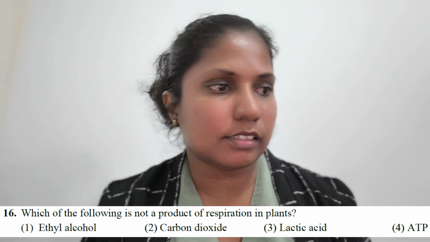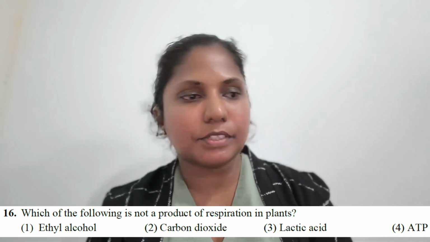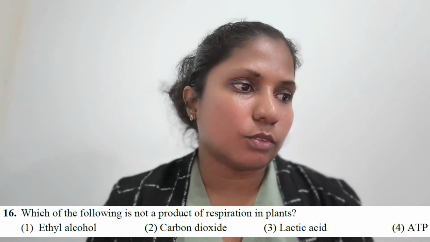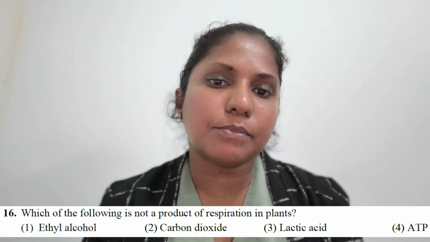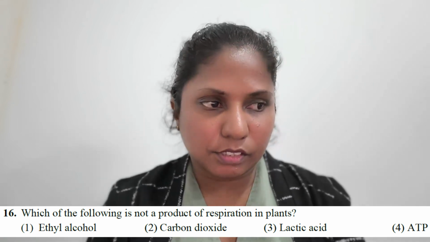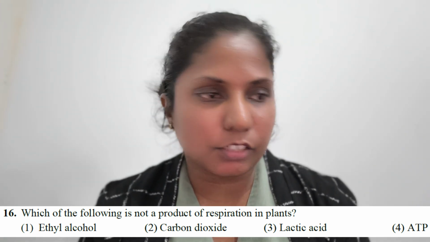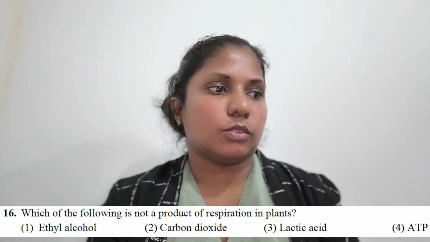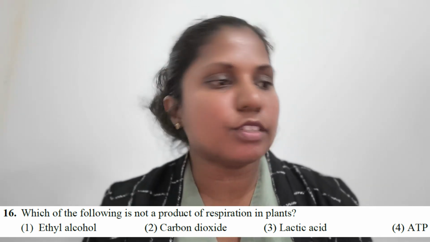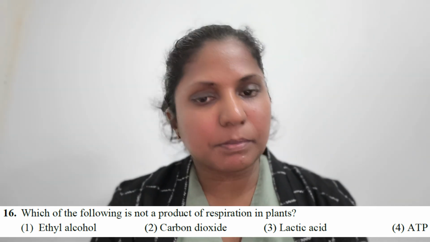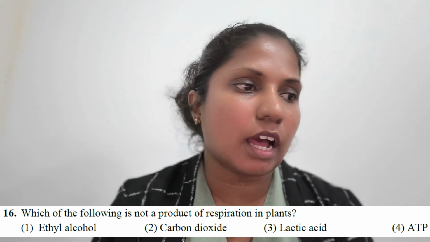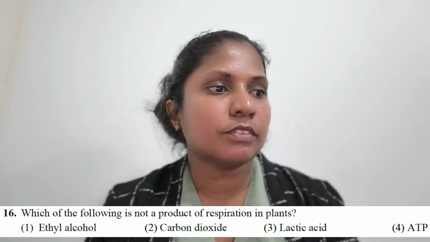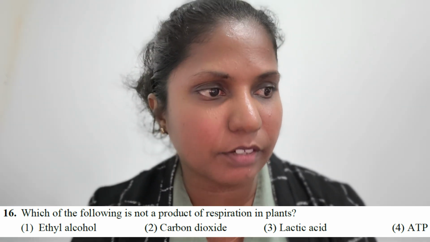Then the lactic acid. Lactic acid is typically produced inside the muscle cells of animals, when the muscle cells lack oxygen and undergo anaerobic conditions. ATP means adenosine triphosphate. ATP is the primary energy source of our cells. Both plants and animals produce ATP when they undergo aerobic and anaerobic respiration.